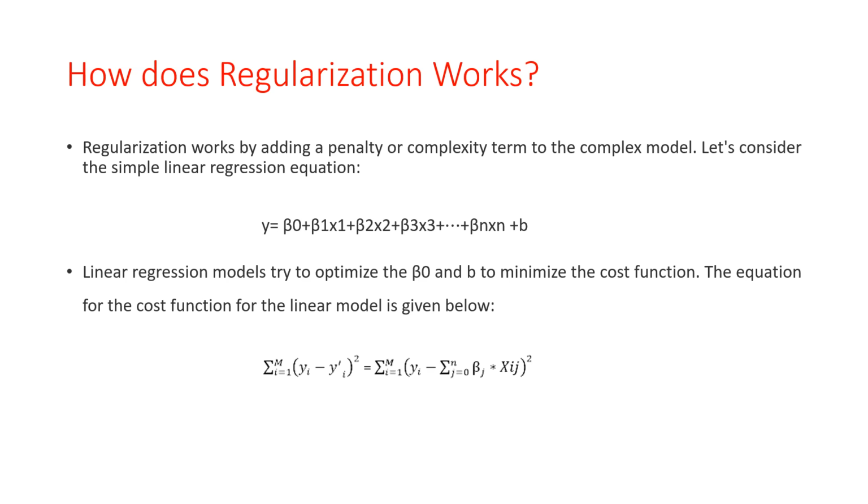The normal linear equation was y equal to mx plus c, or we can call it a0 x plus a1, or b0 x plus b1. But if you have a number of terms, then the equation is y equal to b0, b1, b2, b3 up to the n number of features, plus b.